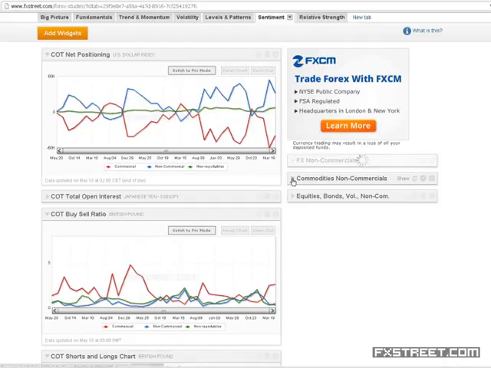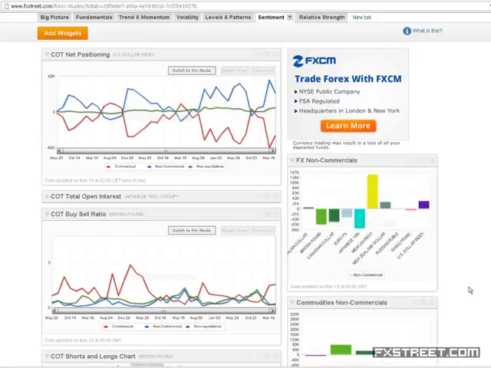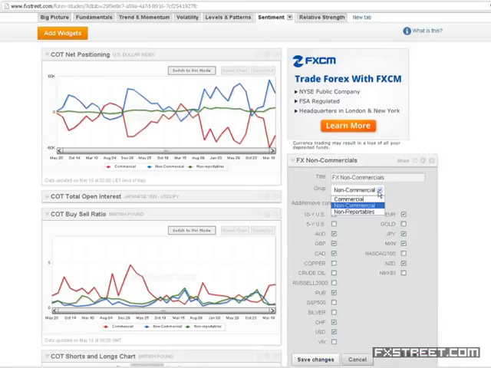Here on the right side column, there is still another way to visualize the CoT data. In this case, you may choose the group, the commercial, non-commercial, or non-reportables, and the markets.